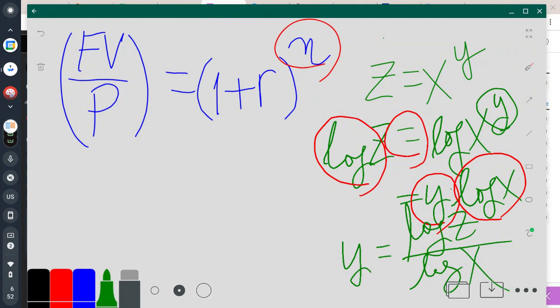We can take the natural log because we don't know what this number is. It may or may not be a power of 10, most likely not. And 1 plus r is certainly not a power of 10, so taking the common log is not the best choice.